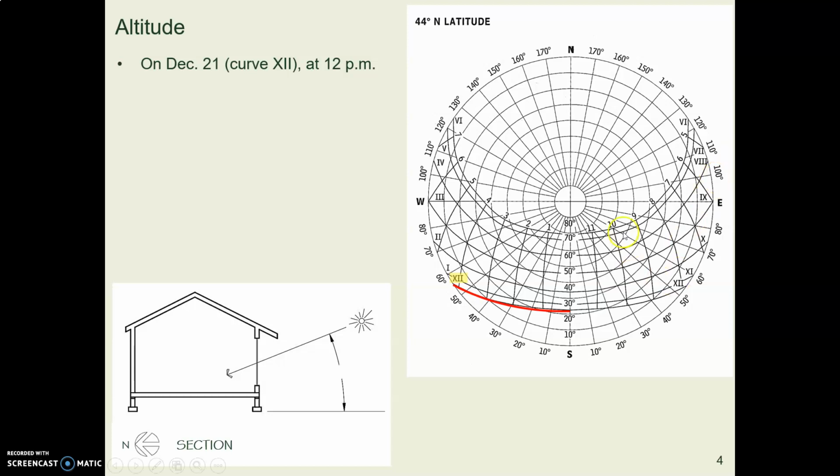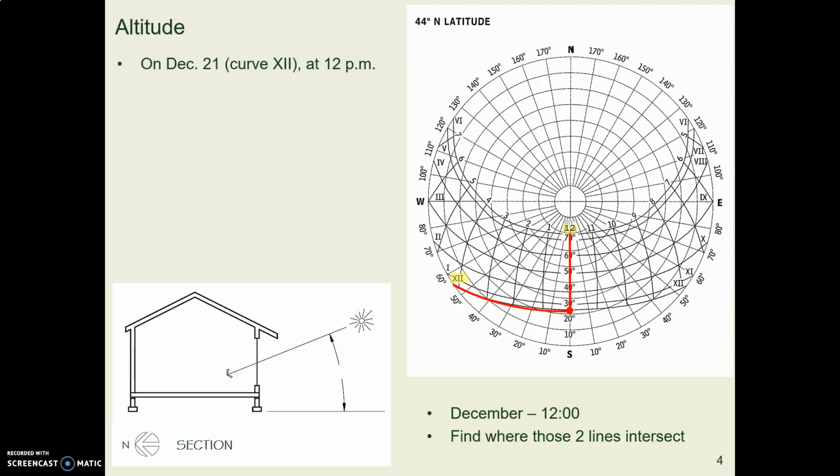And 12 o'clock, if we're looking at these hours of the day across the top, 12 o'clock is going to be right down the middle there. So there's the month of December and 12 o'clock noon. Now, let's figure out where those two lines intersect. And I just put a big old dot right there.